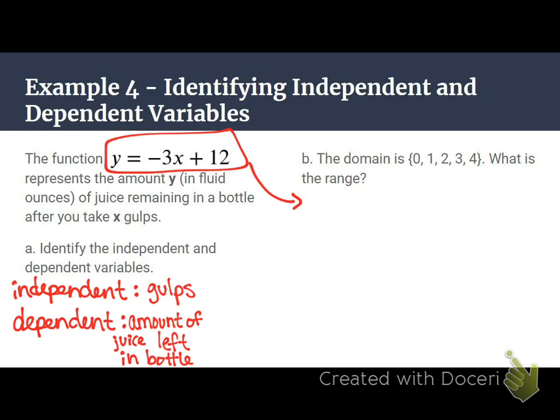So let's think about it. If I've taken 0 gulps, is that going to be the same or different than taking 1, 2, 3, or 4 gulps? Different. If I take 1 gulp, is that going to be the same or different from taking 2, 3, or 4 gulps? So each one of these is going to be different. So if I have 5 domain values, I'm going to have 5 range values. How do you think we're going to find them?